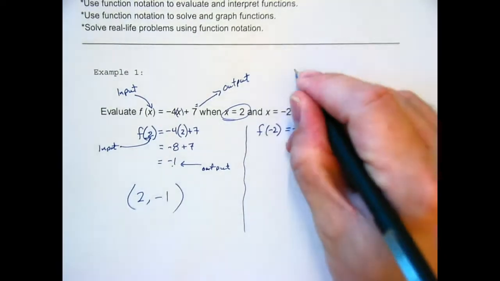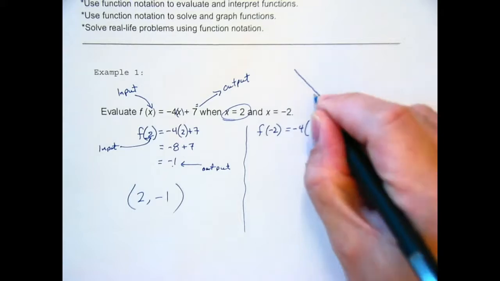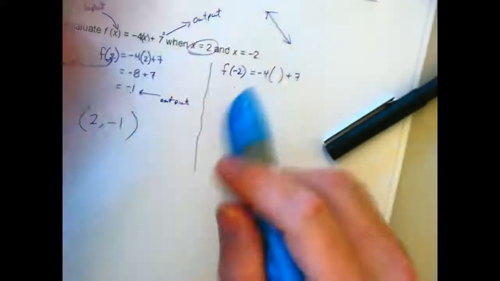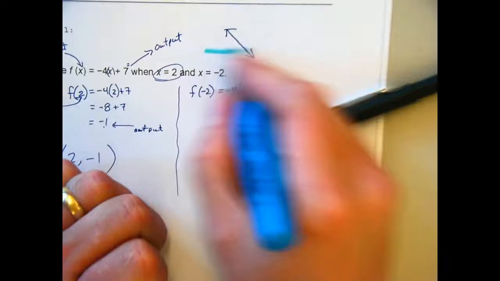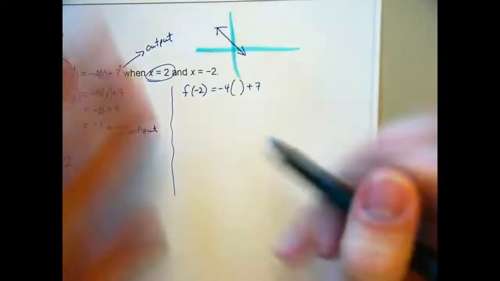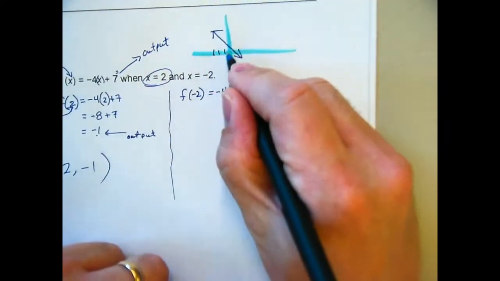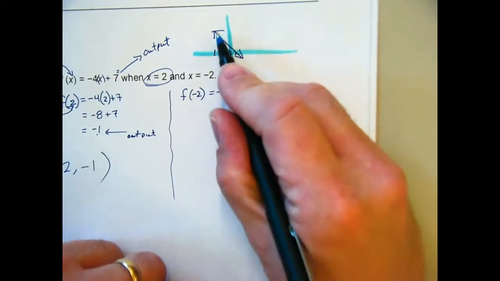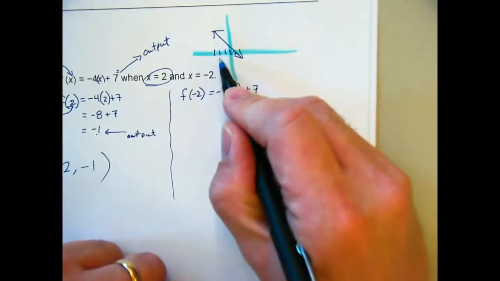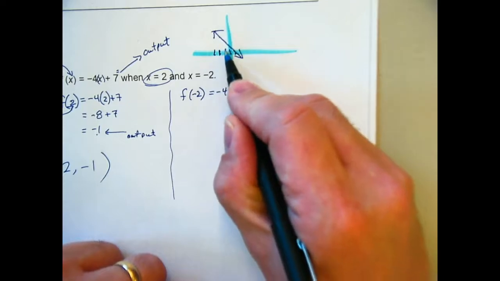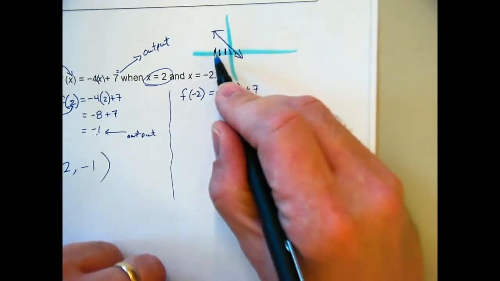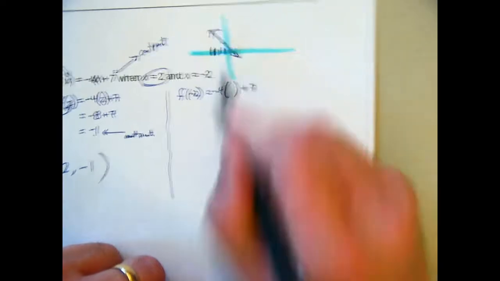If I have a graph that looks like this, and I put an xy axis here, does that graph have multiple x values? Yeah, it does. Like here x equals negative 1, x equals negative 2, x equals negative 3. When I put those inputs in, I get a different output.